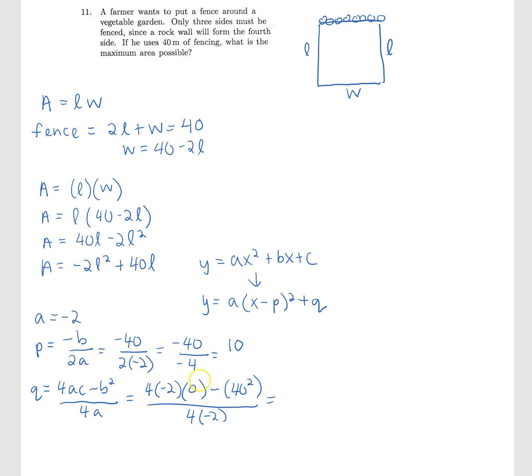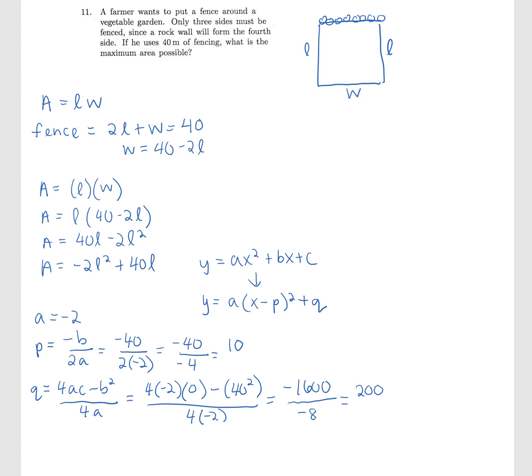So this term here just evaluates out to 0, and we have 40 squared, which is 1,600. That's going to be a negative. And on the bottom, we have a -8. So -1,600 divided by -8 ends up being 200.